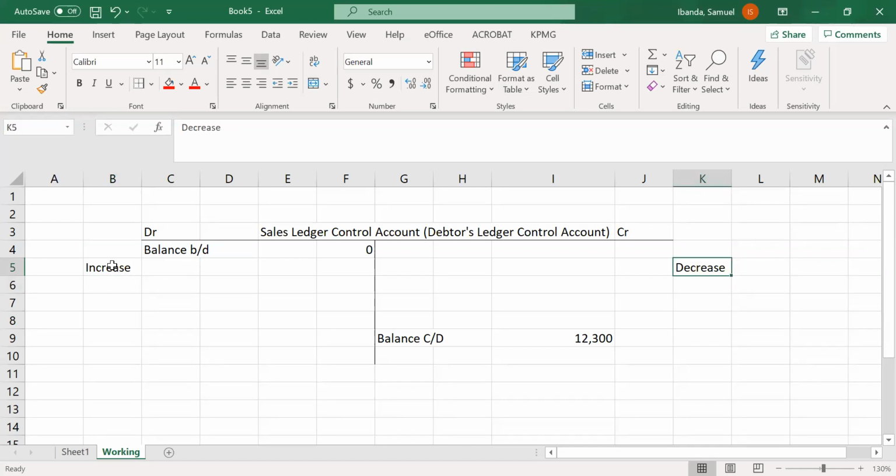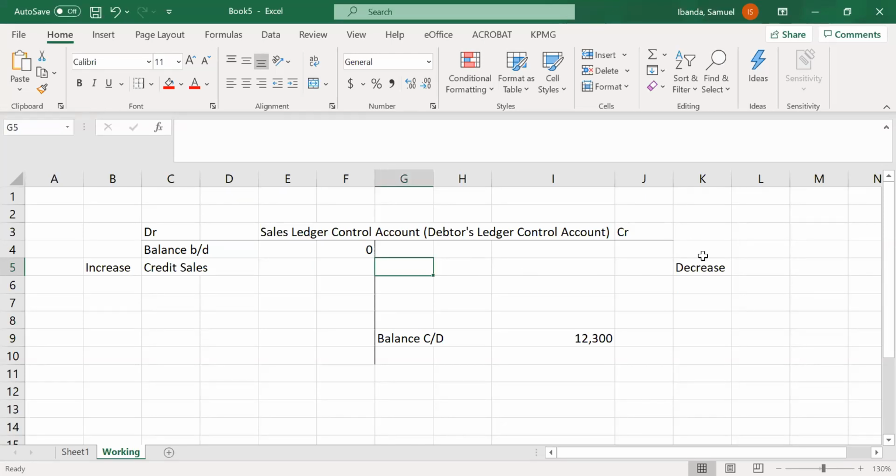So I'll ask myself, what will increase my debtors balance? And the answer is new credit sales, because the more I sell on credit, the more my balance increases. So that is why I'll put my credit sales on the debit side here, because they increase my balance.